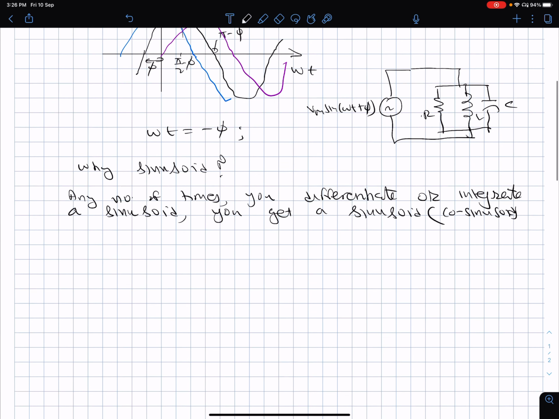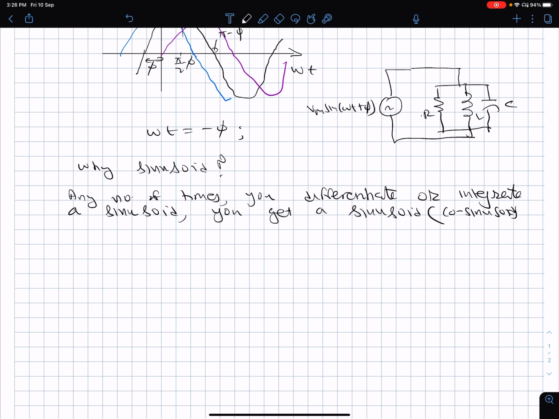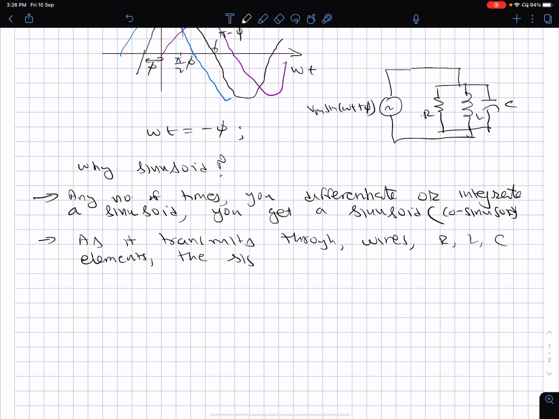And this helps us a lot, because this basically means that the signal does not really alter except for scale and phase shift as it transmits through wires and RLC elements. This implies that the signal shape does not change.